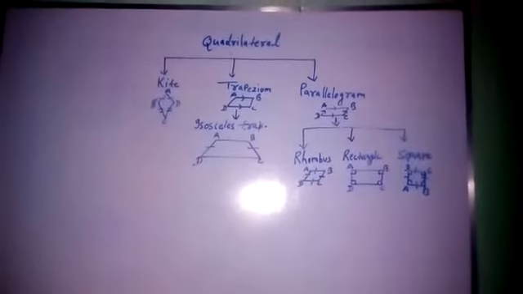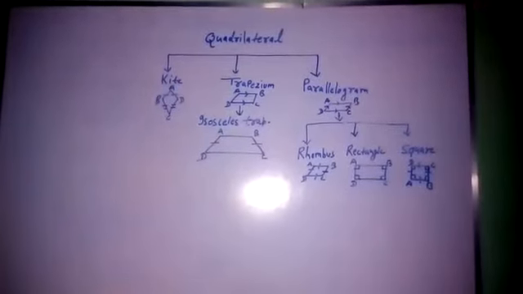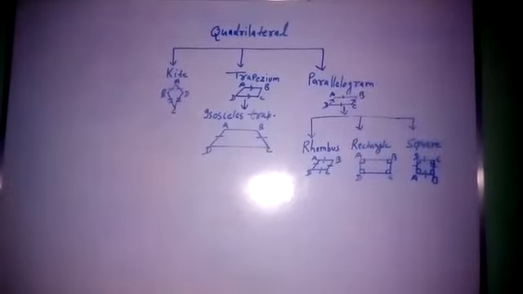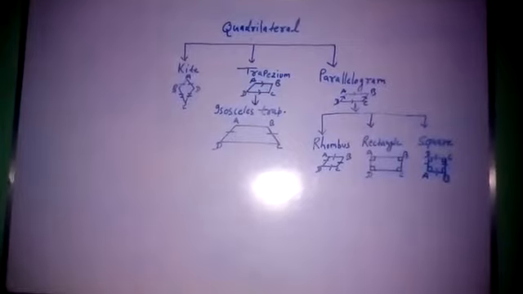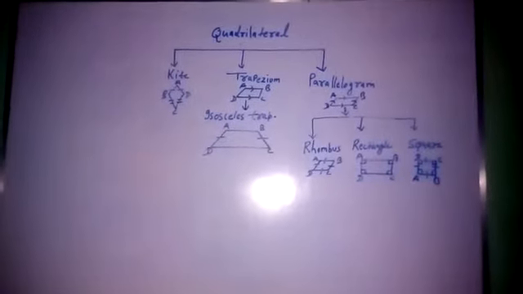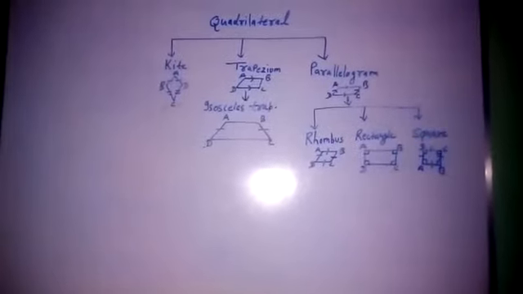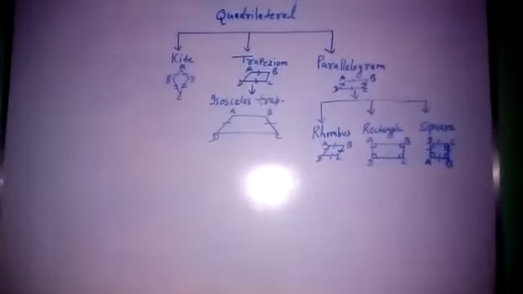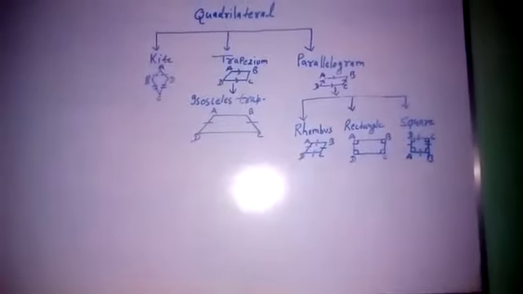Kite is a quadrilateral, trapezium is also a quadrilateral and parallelogram is also a quadrilateral. Now kite has only one figure. Trapezium is further defined as isosceles trapezium, and parallelogram has three more types, that is rhombus, rectangle and square.